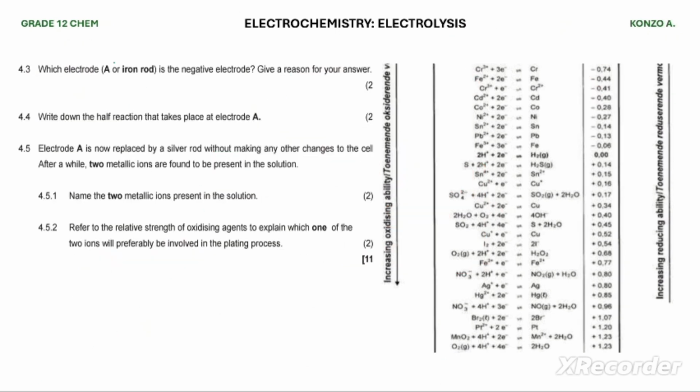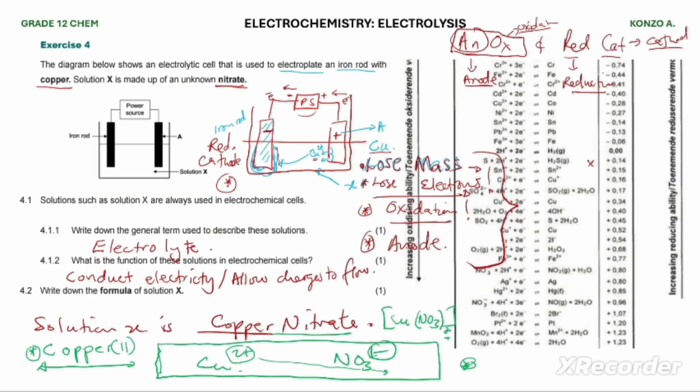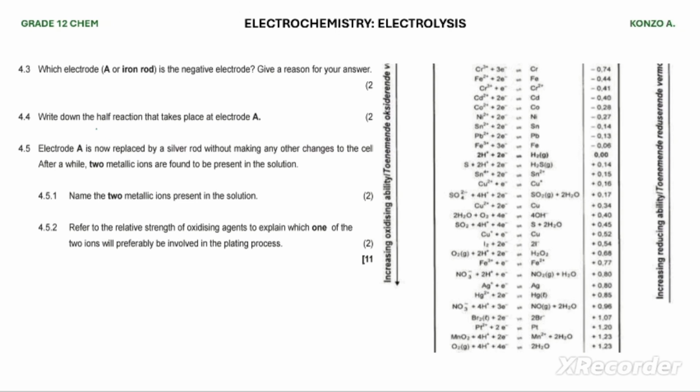So in this question, we've got which electrode, A or the iron rod, is the negative electrode. We have already done this. We've already answered that, and we know the electrode that's negative should be the iron rod. So what's left is for us to figure out the reason. Well, the iron rod is negative. Why?